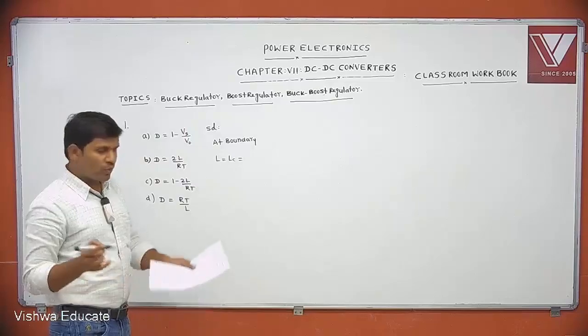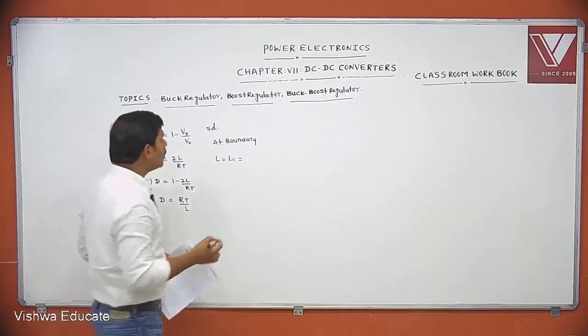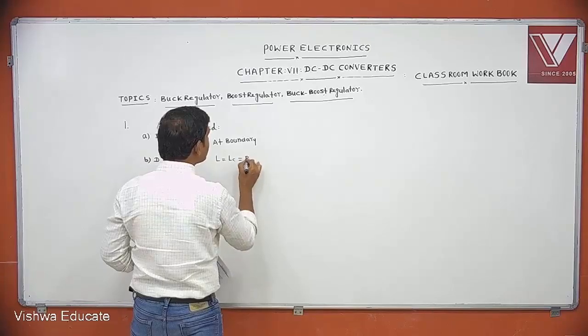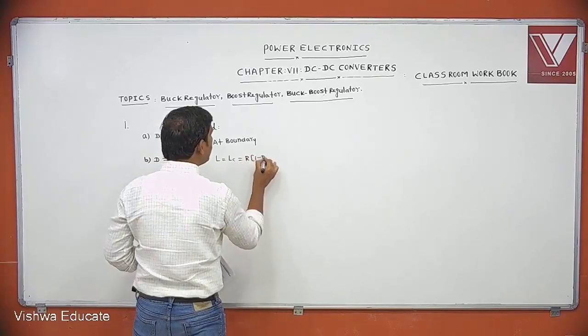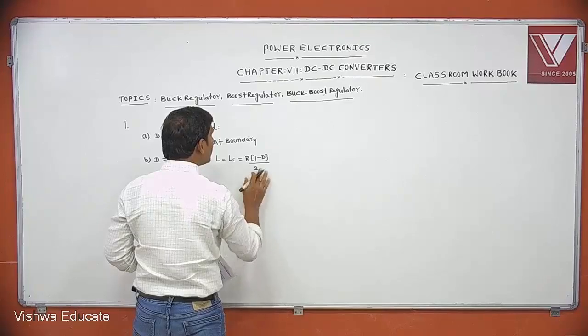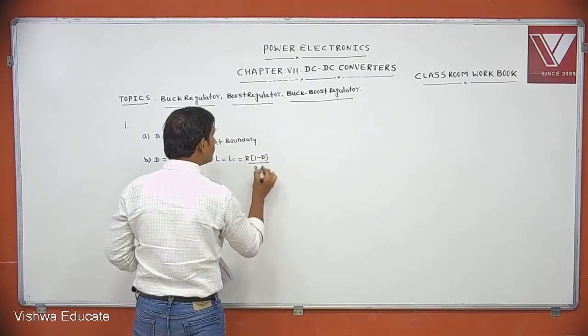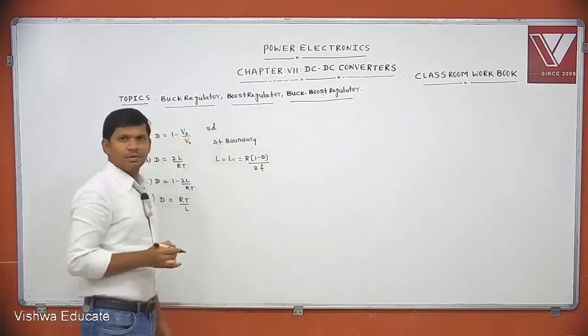Given is step down chopper. How to identify the chopper, I already told. What is the critical inductance? R into 1 minus D by 2F. This formula you know.